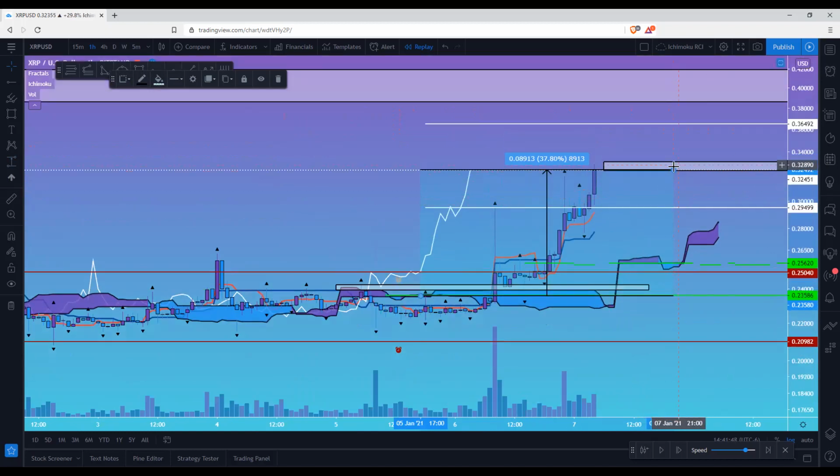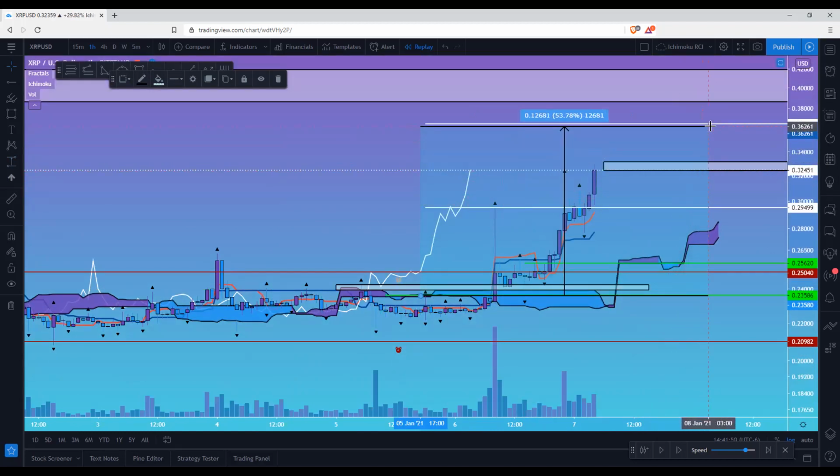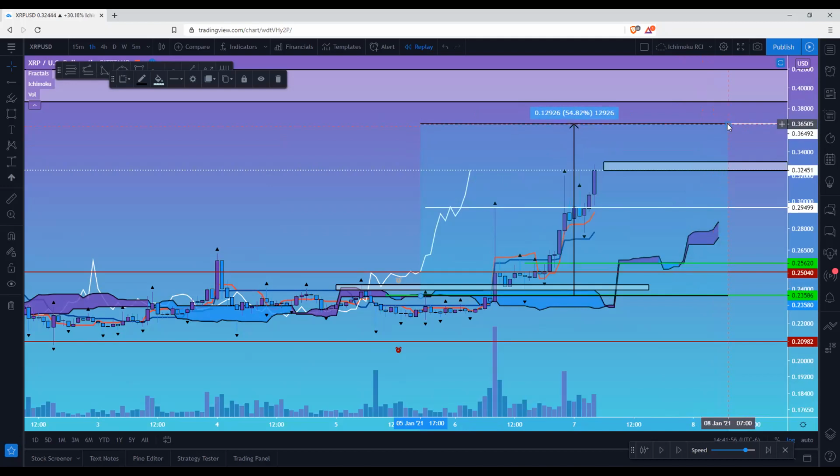And we know the market hit 36 cents today, so you would have made, let's see, 54%. So that's really good right there. And actually it went up to 37 if I'm not mistaken, but the point is you could get the same result from that trade setup.